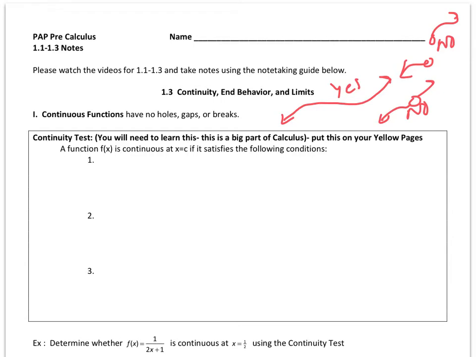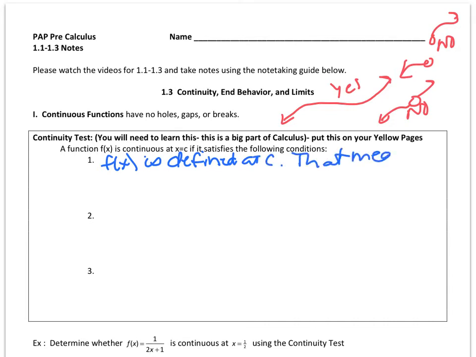So a function f of x is continuous at x equals c, so at a certain point, if it satisfies the following conditions. Okay, so the first one is that your f of x is defined at c.